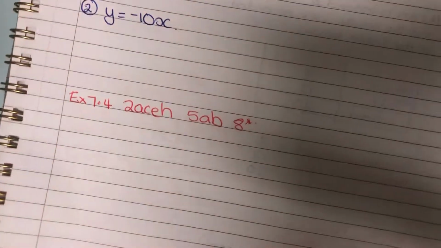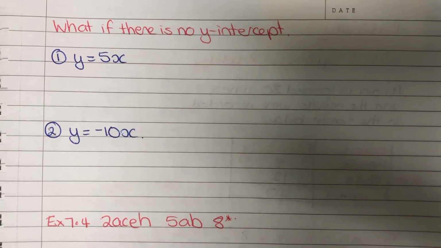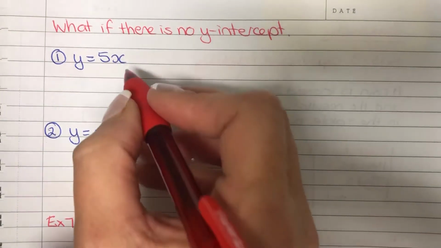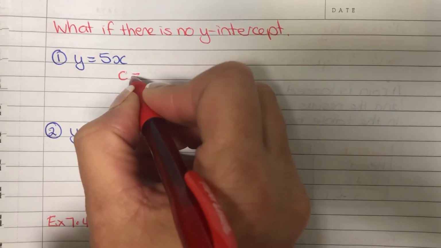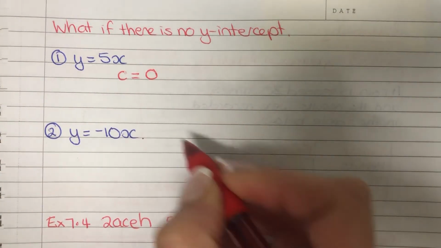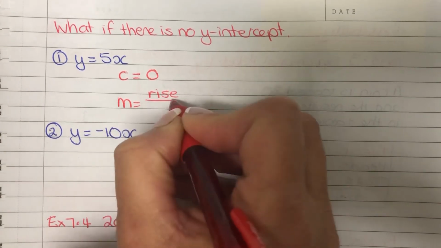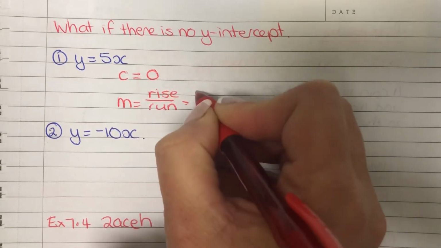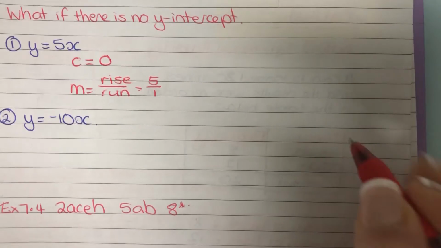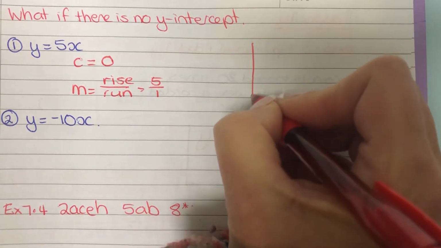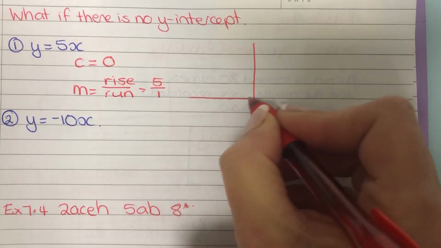Okay, one last thing. What if there is no y-intercept? These ones are quite straightforward. So in this case, the y-intercept is 0. The gradient, which is rise over run, equals 5 over 1, as we said. So let's have a look at what this might look like.